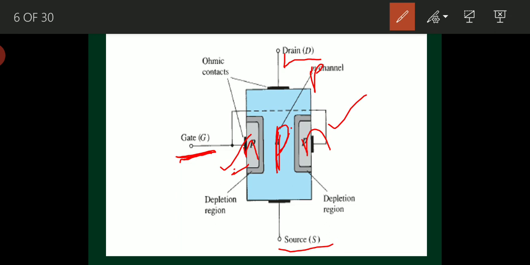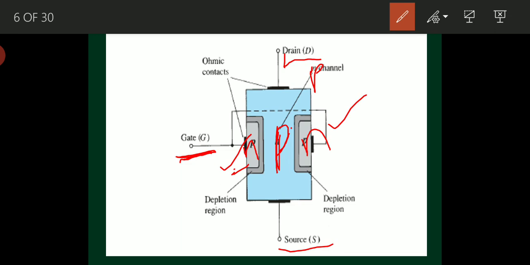Means the channel is p-type here, and holes, which are the majority charge carriers in p-type, only take part in the conduction process, and I am least bothered about minority charge carriers in FET. But in BJT I have to consider both majority and minority charge carriers in order to calculate total current.